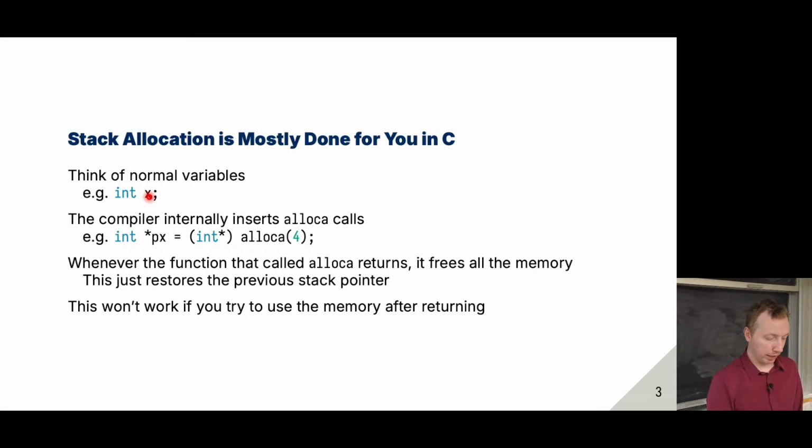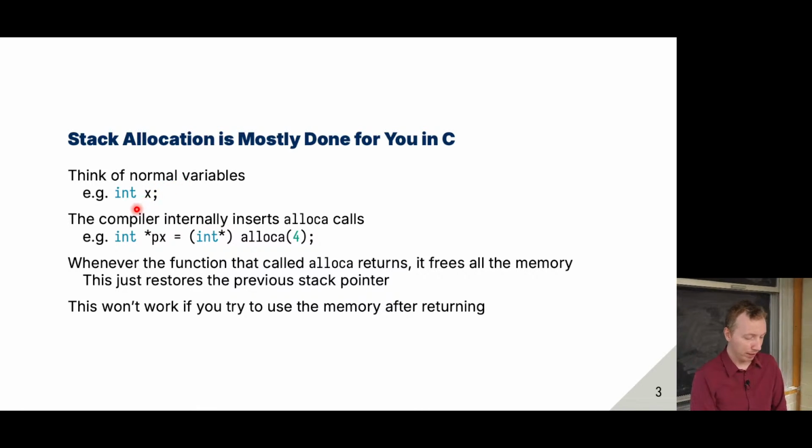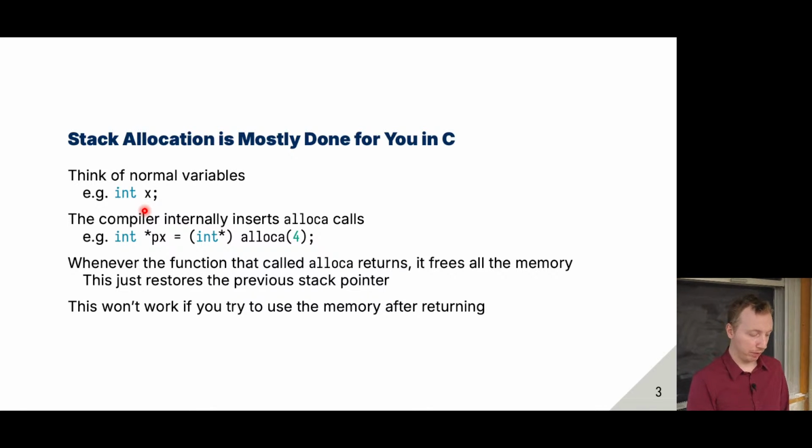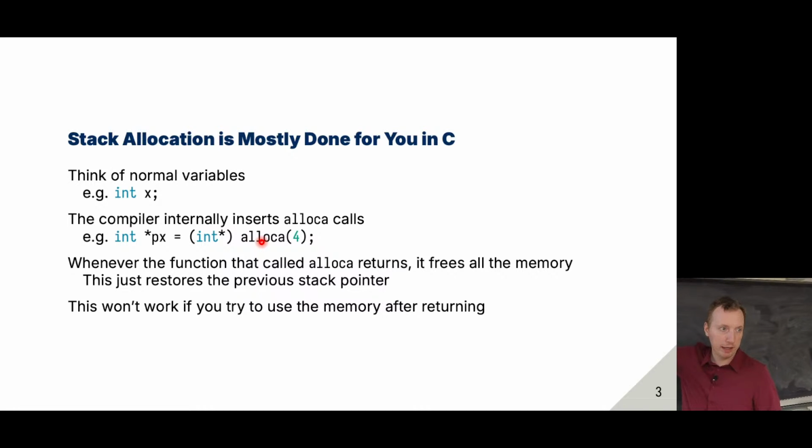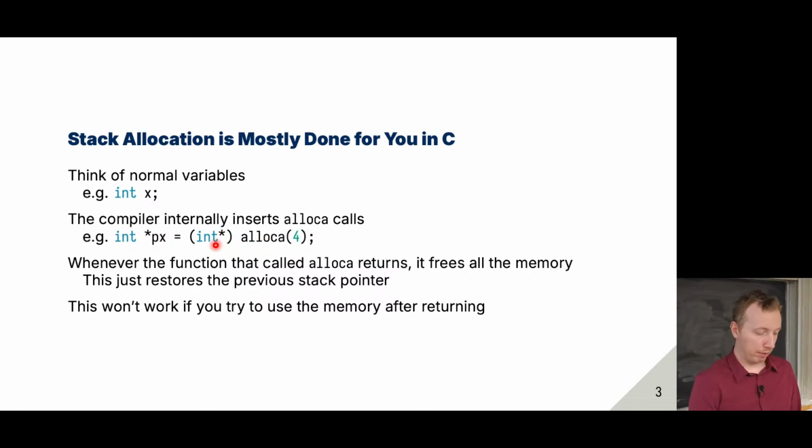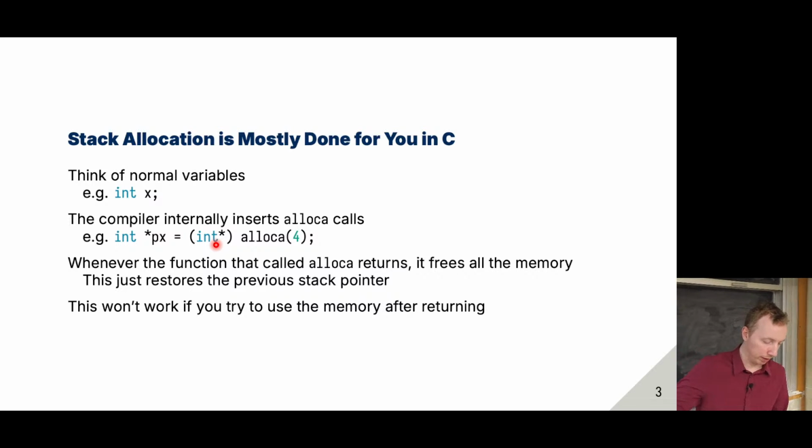Whenever you write int x, and this is the reason why most people use C compilers, that has to live in memory somewhere, and the compiler will internally insert a call to alloca that wants the size equal to the size of the data type. So for an int, it'd be 4 bytes, and then it would have a pointer to that memory, which is on the stack, which it can go ahead and use.